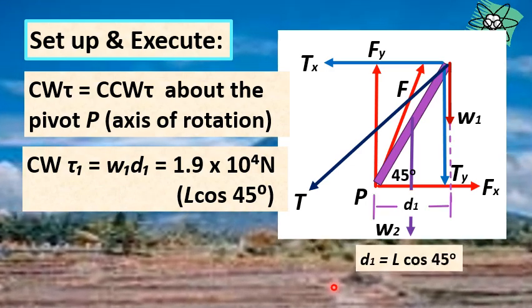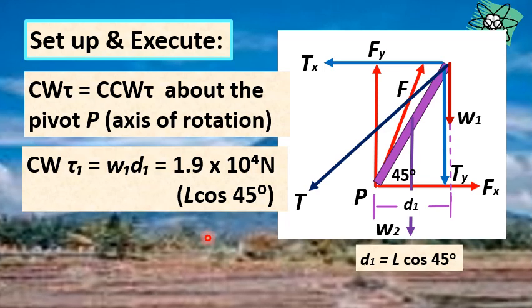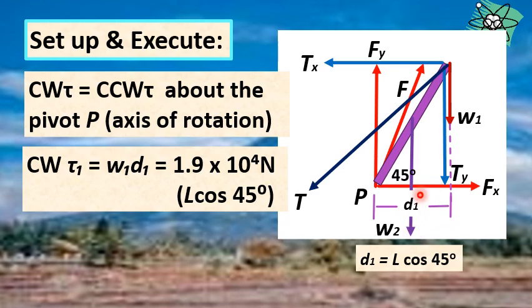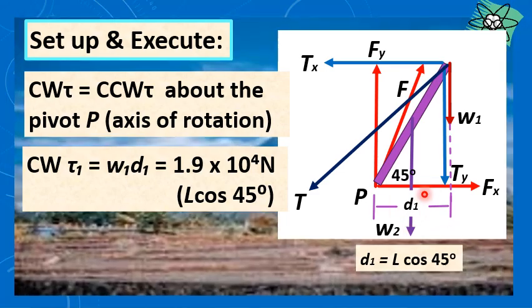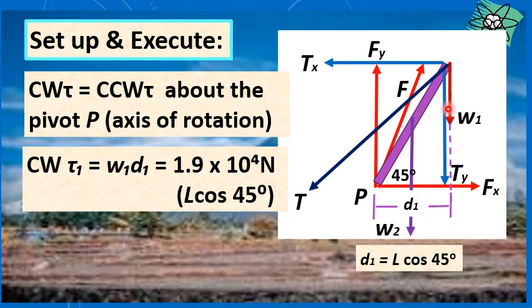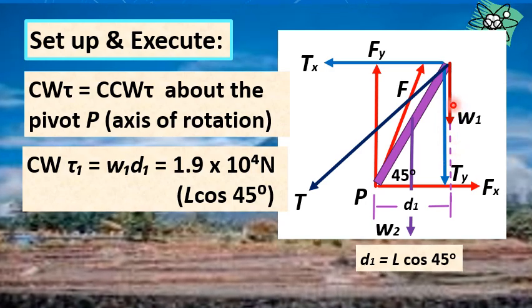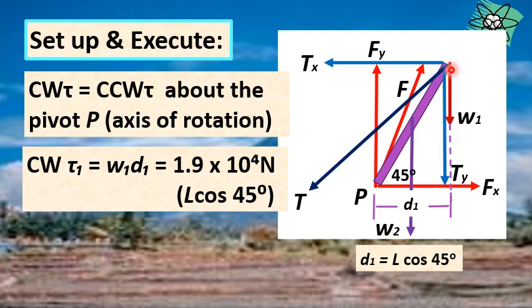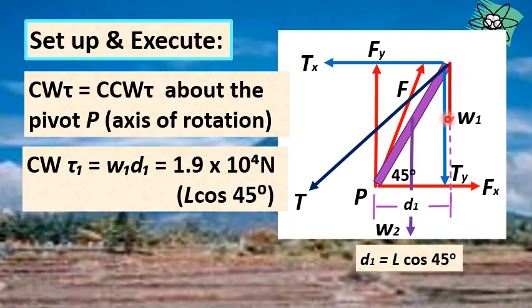D sub 1, or moment arm d1, is the distance from the line of action of the weight W sub 1. So this is the line of action of W sub 1.